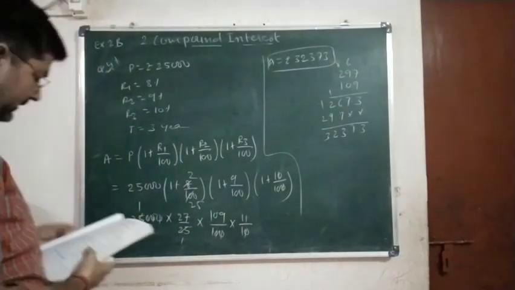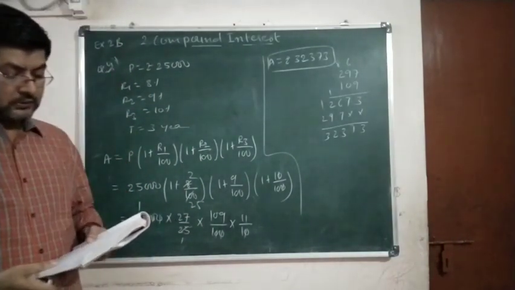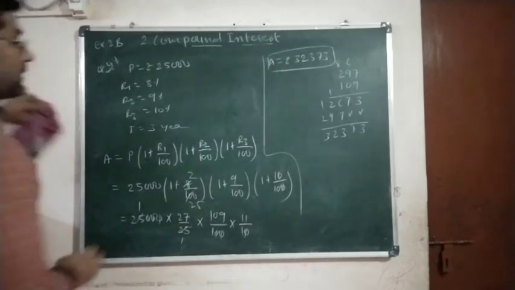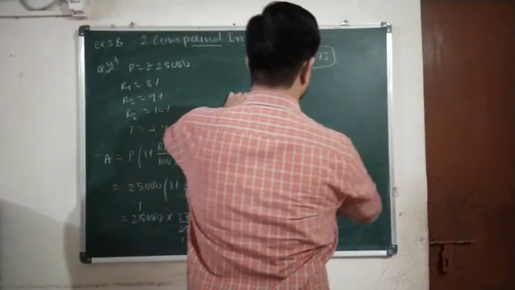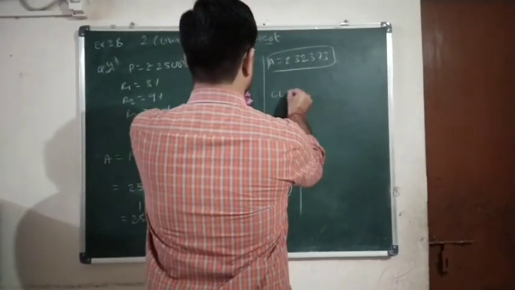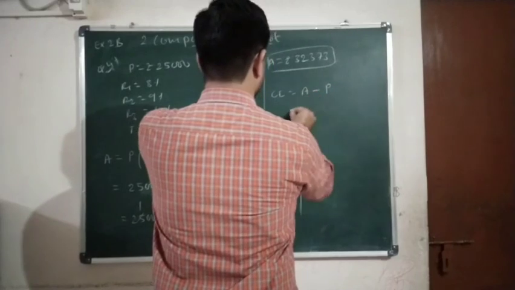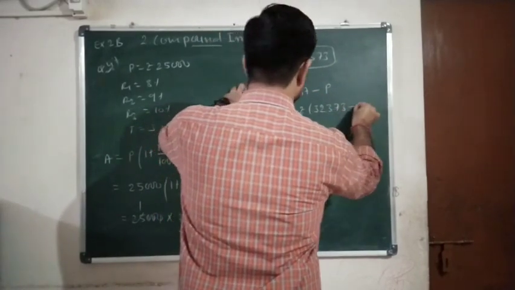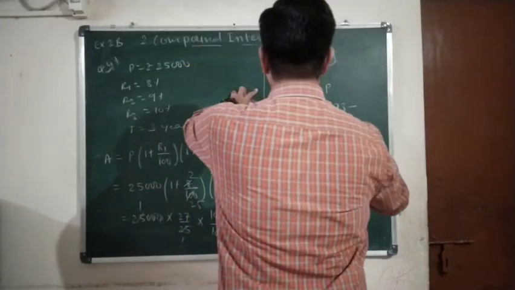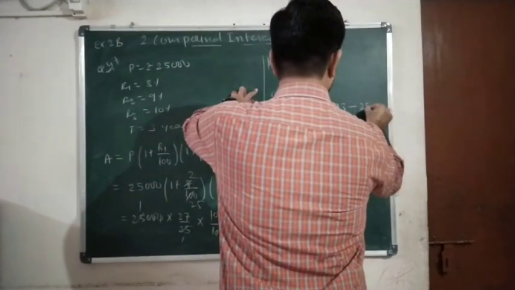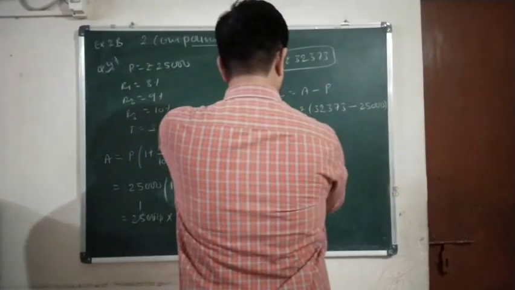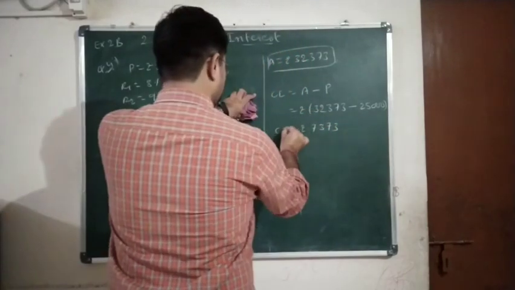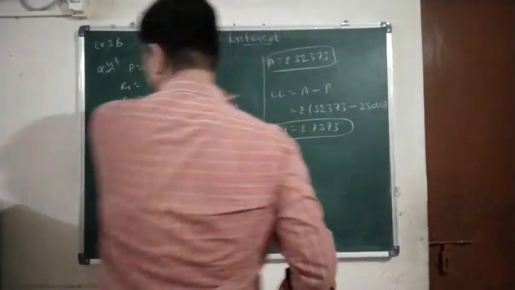Now let us check whether we have to find out compound. Yes, in this case we have to find out compound interest. Okay, so CI is equal to A minus P, which is 32,373 minus 25,000, which is 7,373. This is the compound interest.